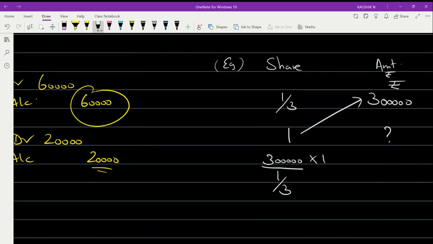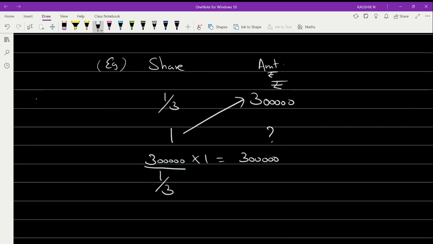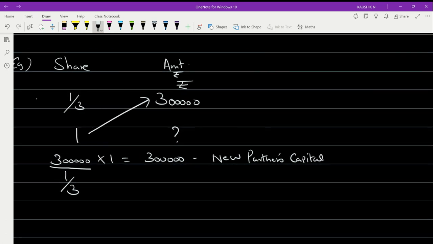What will 3 lakh into 1 give you? This will give you 3 lakhs. So this 3 lakhs is nothing but the new partner's share of capital.